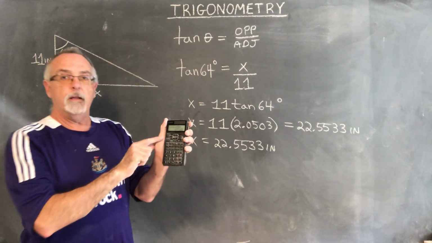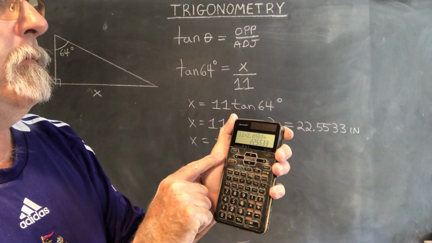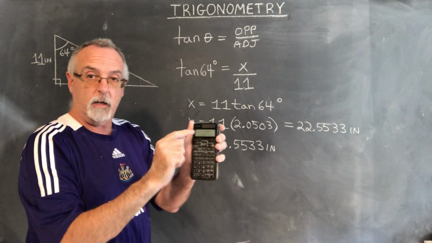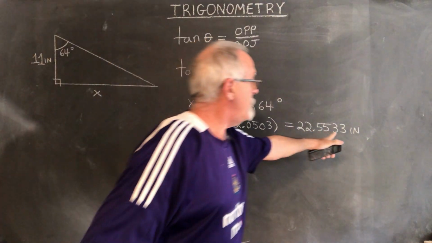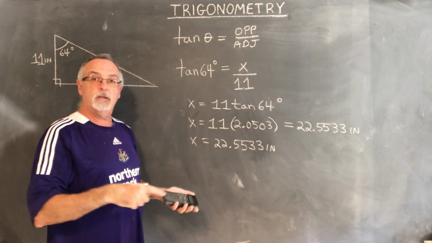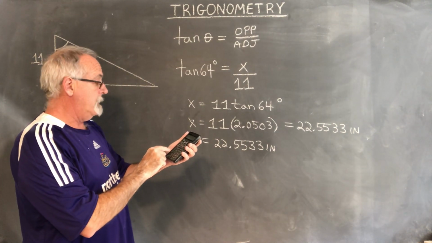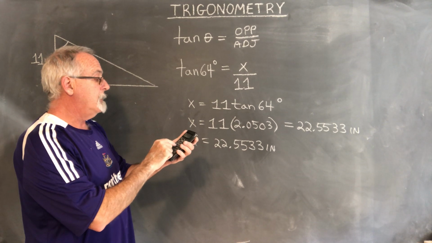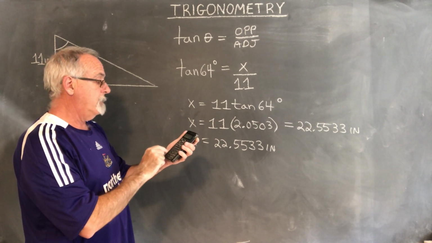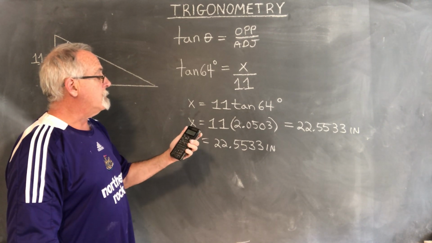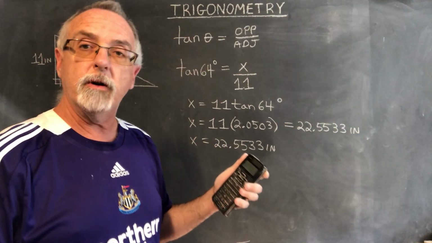But this one in the display is saying 22.5533, and it stops there. It stops after that 3. But the one where I use the whole value of tan of 64, I'll do it over again. 11 times tan 64 equals. It doesn't stop. It's 22.55334226.